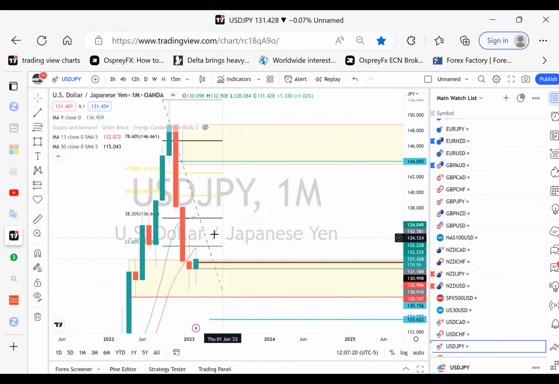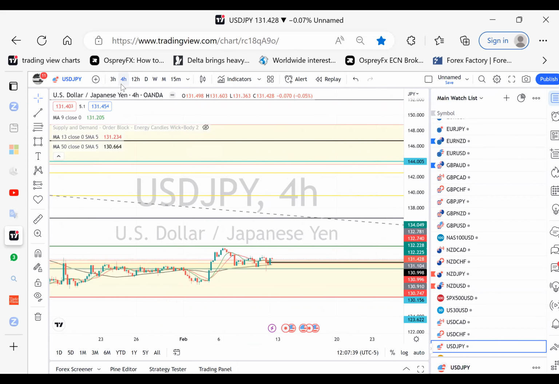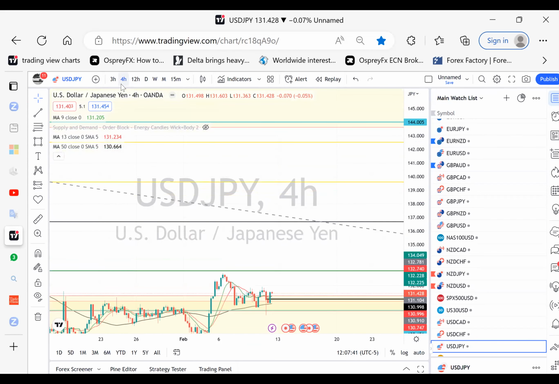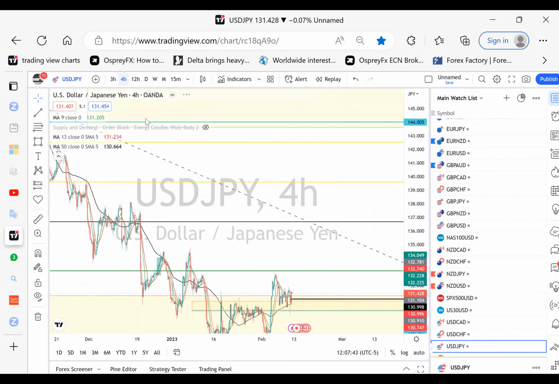This is a higher time frame. So your trades are going to take place in between these two levels. If you're at the beginning stages of your journey, if you frame your market on these higher time frames, then when you get down to the level that you want to take your trades, if you're trading on the 4-hour, then all of this area in white will be available to you.